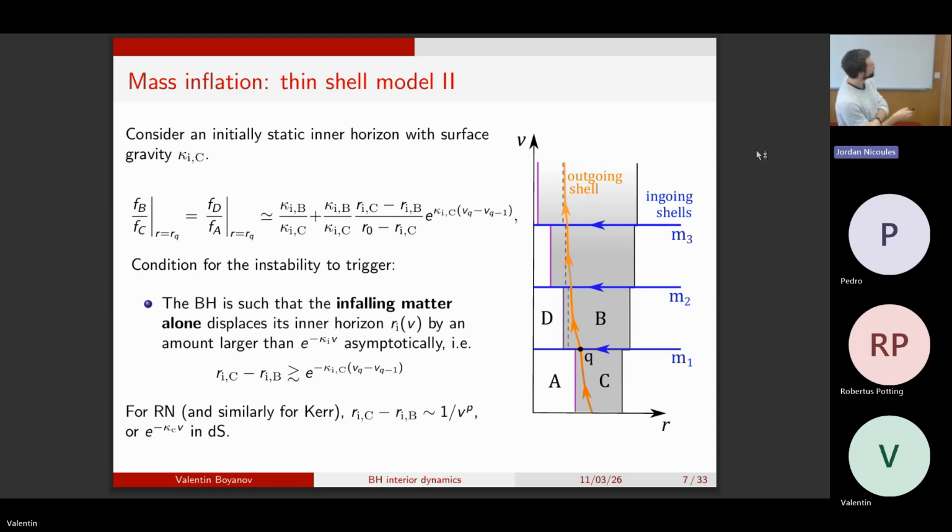And the exponential goes with the time that the outgoing shell takes to approach the inner horizon between one intersection and the next. And it has some prefactors, so this exponential need not accumulate over time if the prefactors keep compensating.